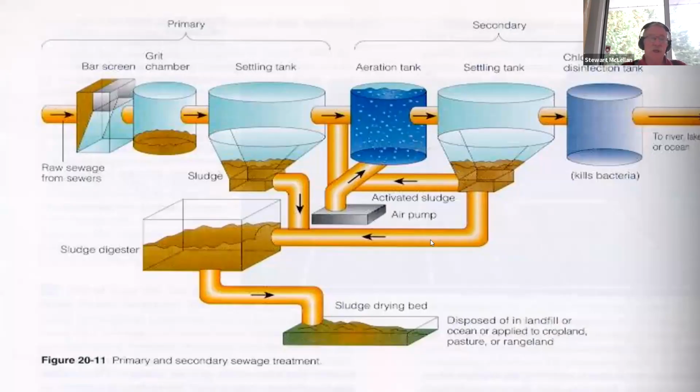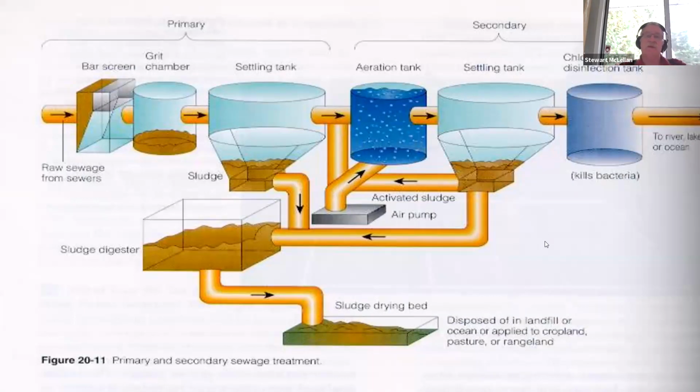Okay, and this is essentially a diagram showing the primary and the secondary treatment process. And it's very similar to what we saw in the video. So I don't know that we need to spend a whole bunch of time on it. We looked at the primary process in fairly good detail in that video.